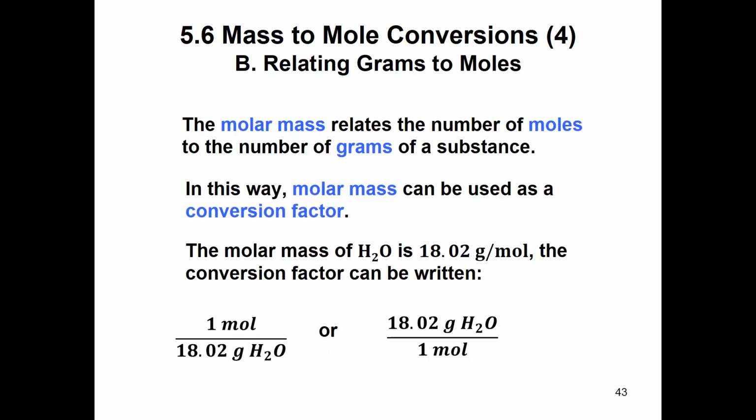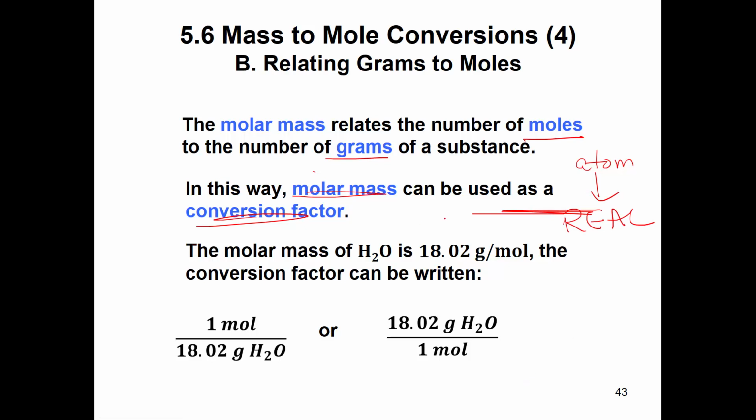So molar mass relates the number of moles to the number of grams of a substance. Basically molar mass is another conversion factor, taking us from the world of the atom to the world of real people.